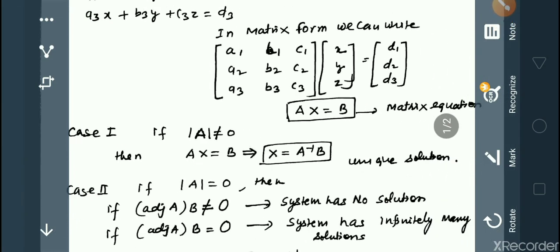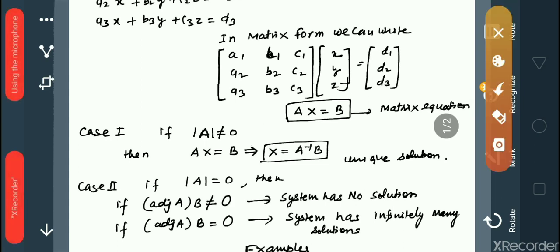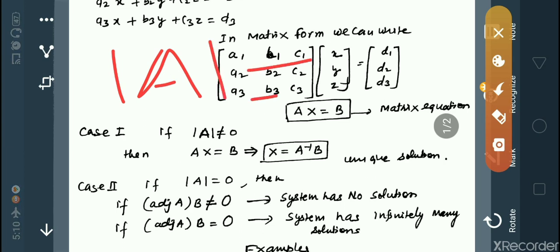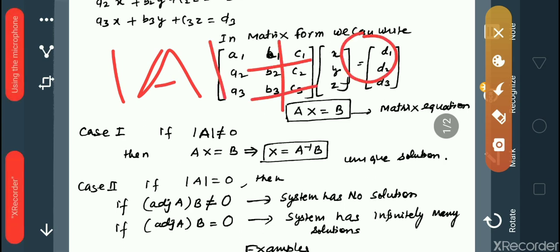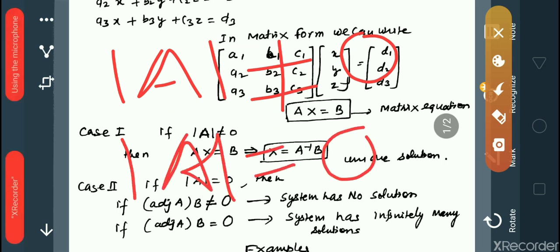Okay. Now there are 2 cases. Case 1, if A is a non-singular matrix, and case 2, when A is a singular matrix. Children, as you know, a matrix is said to be non-singular if its determinant is not equal to 0, and a matrix is said to be singular if its determinant is equal to 0.